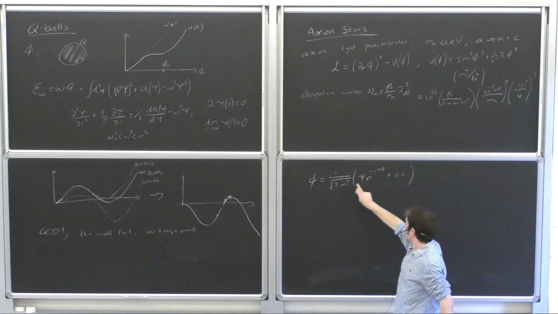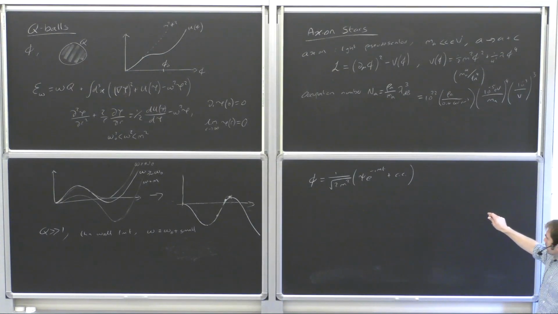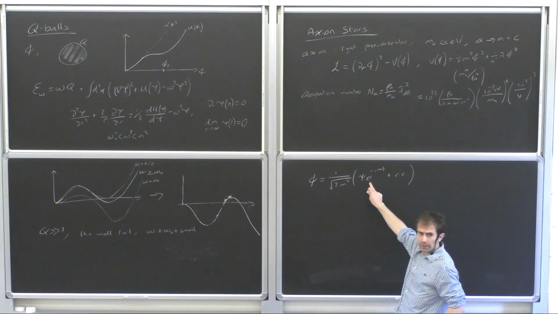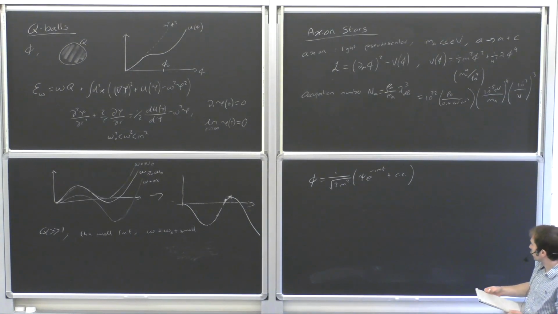So I'm replacing phi with psi, and the trick in doing this is that I'm effectively factorizing out all of the fast oscillations of the field that are happening on timescales that are much shorter than any of the other dynamics that I'm interested in.